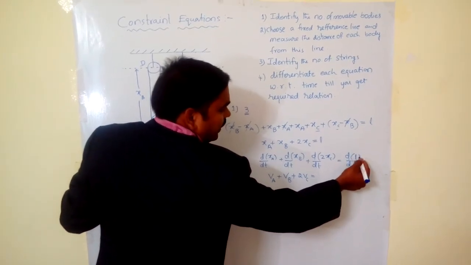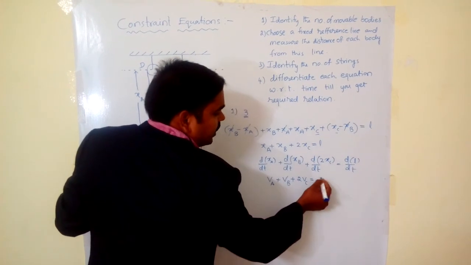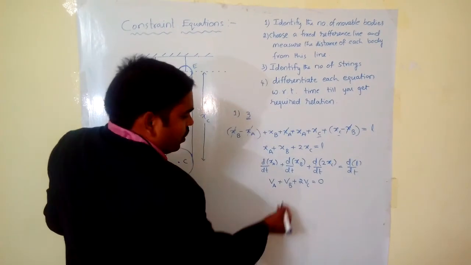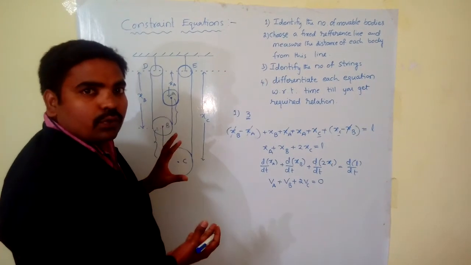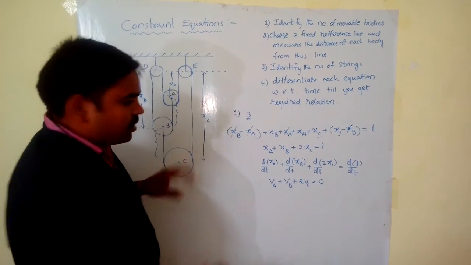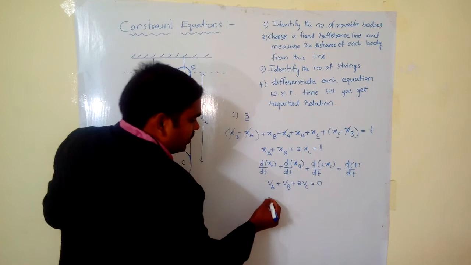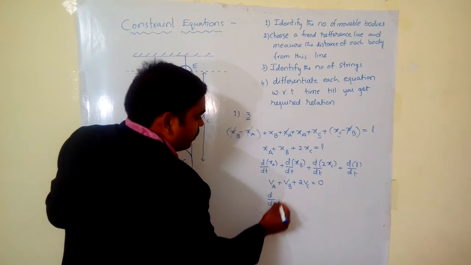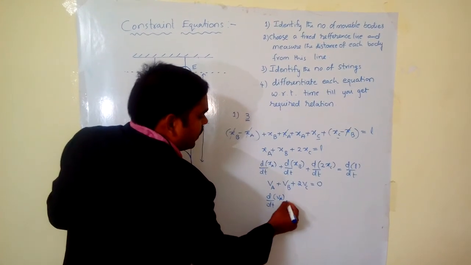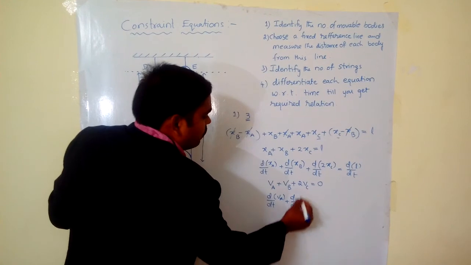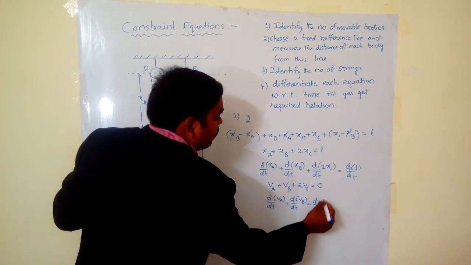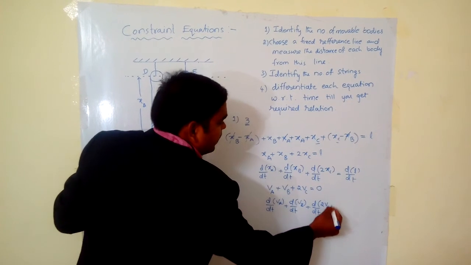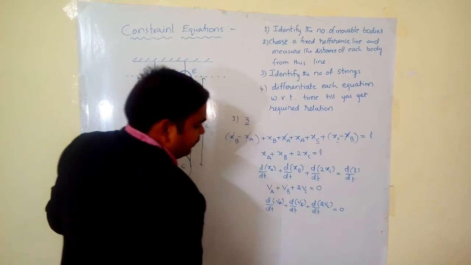Generally differentiation of a constant is 0. Now we are doing this to know the relation among the accelerations. So once again you differentiate it, d by dt of VA plus d by dt of VB plus d by dt of 2VC is equal to 0.